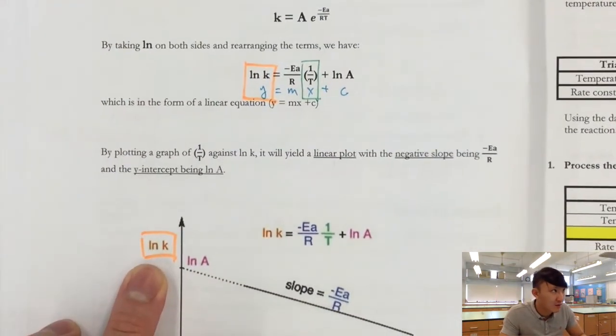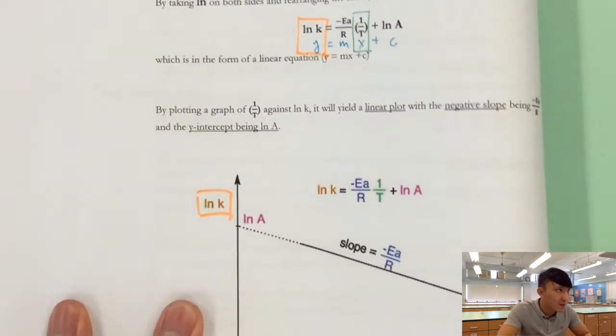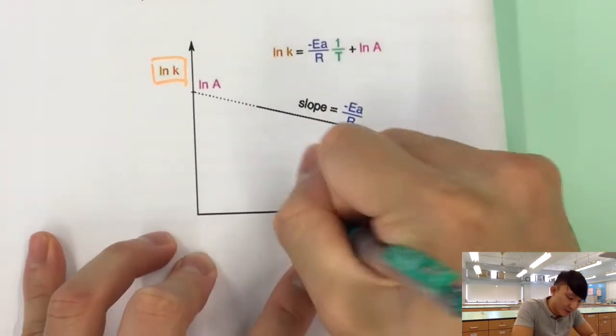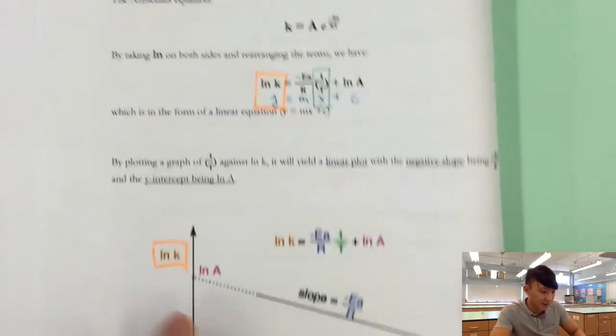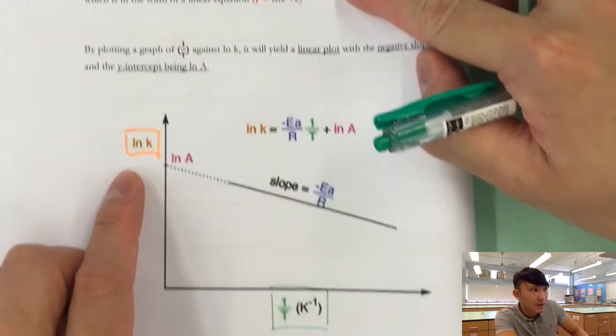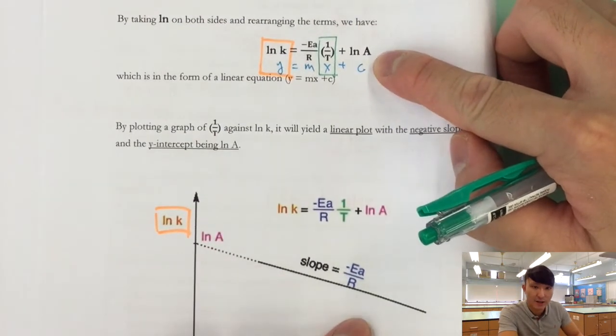Okay, natural log k as the y-axis, and then down here we have 1 over T as the x-axis. Okay, can you see it? This one and this one. Okay. Then we can plot a straight line graph, right?